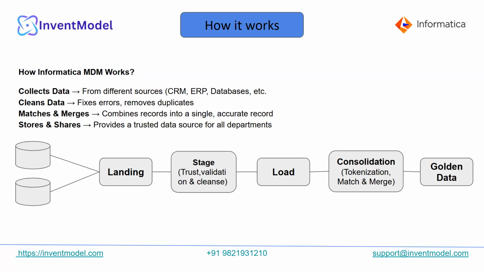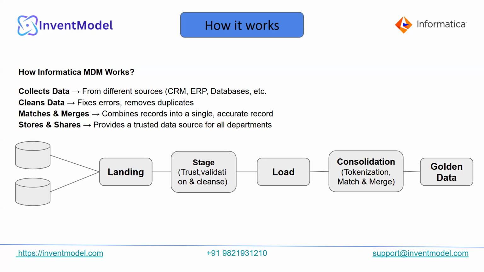Once this stage process completes, we move to the next process, called the load process. During the load process, we move the data from the stage to the base object table by a certain pre-built job which is provided by the MDM.